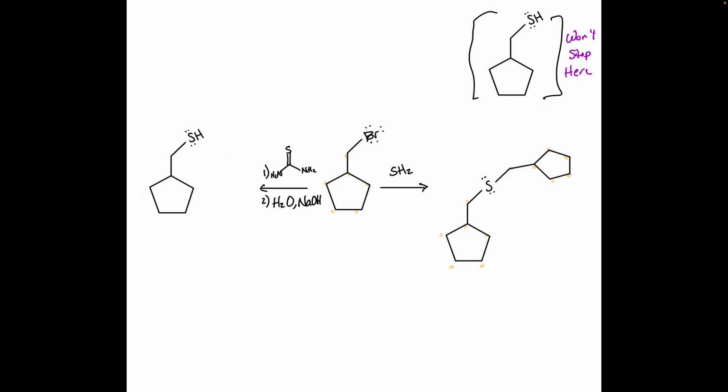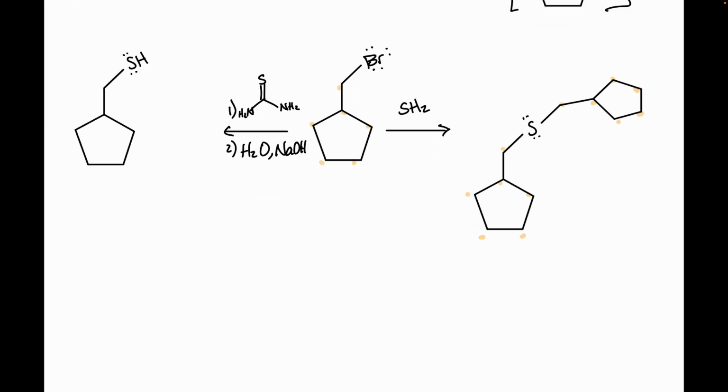So thiourea will allow us to create a thiol, but if we use that hydrogen sulfide or stink damp, we're going to get that symmetric sulfide.